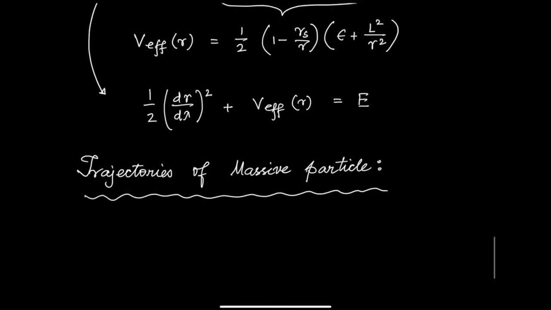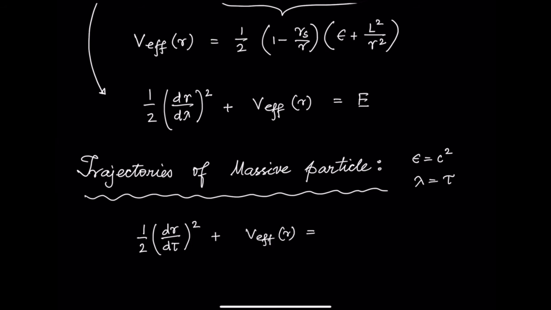And for the massive particle, you remember that epsilon is nothing but c squared, and lambda we can take to be tau. So this equation simply becomes half dr d tau, which now looks more like velocity, whole square, plus V effective R, of course we will do the replacement in that, equals E.